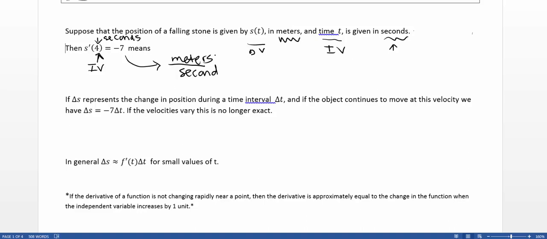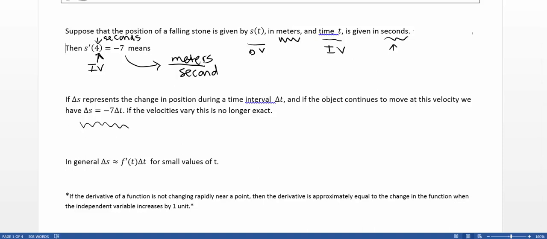So in this particular example, if delta S represents the change in position during a time interval delta t, so delta usually means change, okay? So the change in S, or the change in position, during a small time interval, and we're looking at the change in time, and if the object continues to move at this velocity, we could also make a statement that the change in position is equal to -7 times the change in time, as long as the velocity is small and as long as it's not varying.